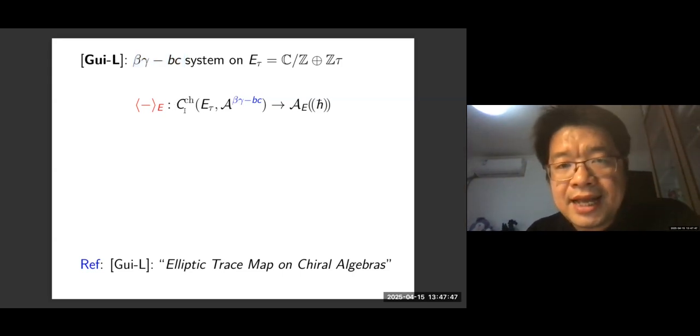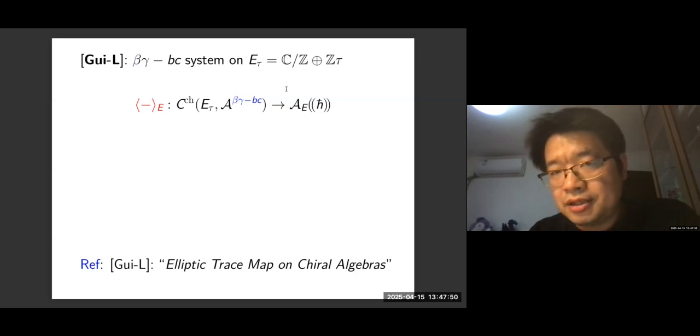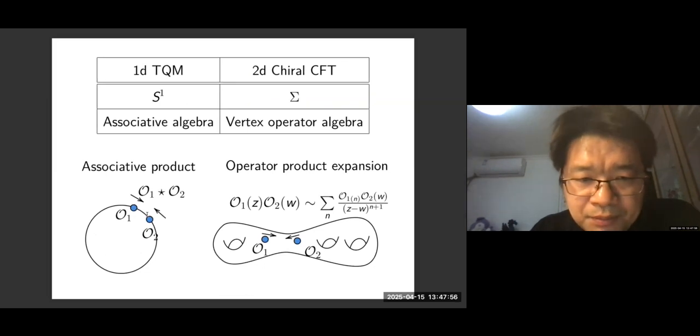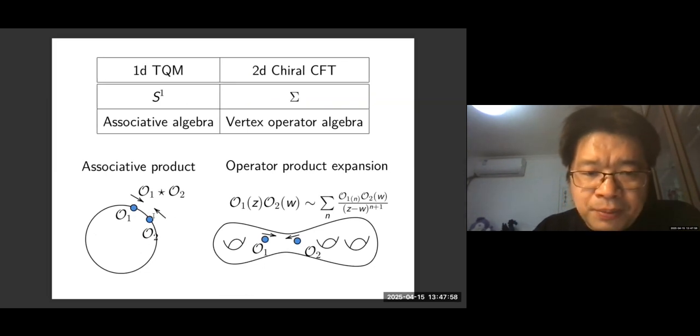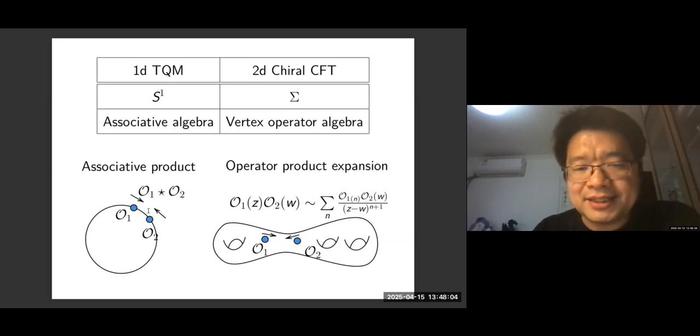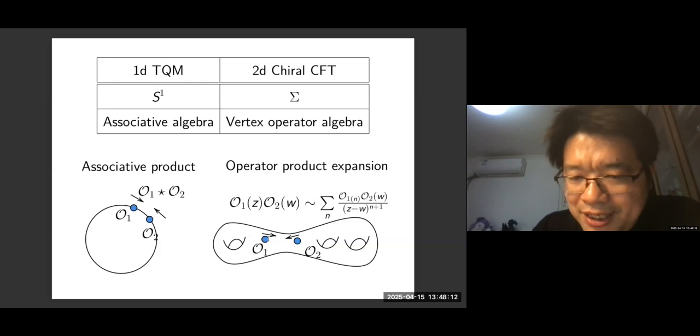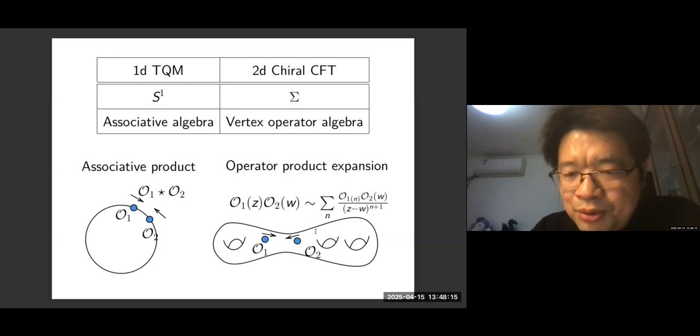Now there's an analog of this Hochschild chain complex in the two-dimensional case. Remember, previously we placed these operators on the circle and looked at the way they collide, and that's basically how you draw the Hochschild chain complex and Hochschild homology. In the two-dimensional case, it's very similar. You put many points on the curve and look at how they collide, and remember the way they collide by, for example, calculating the OPE and computing the residue.